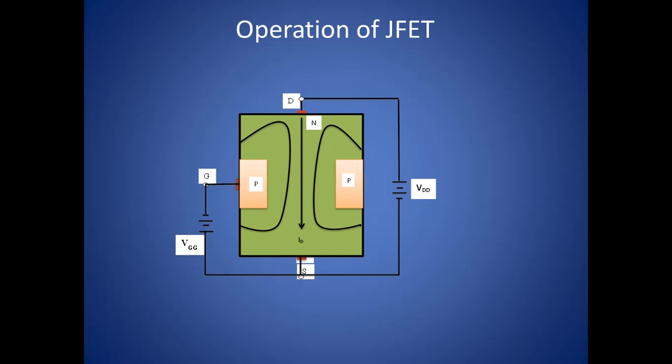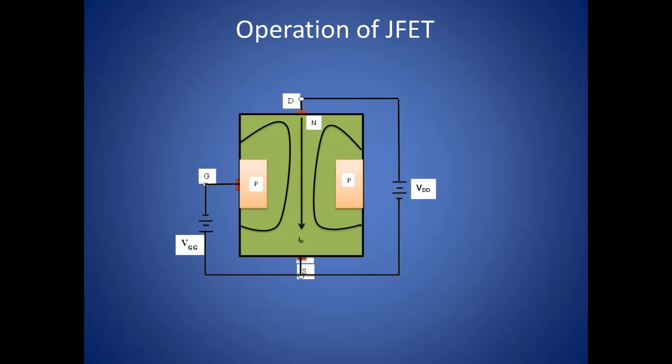As a result, the depletion regions are widened. This reduces the effective width of the channel. This is the narrow channel, and therefore controls the flow of drain current ID through the channel. This reverse bias voltage increases the depletion region and controls the drain current.